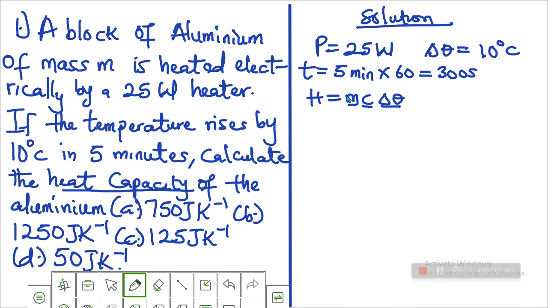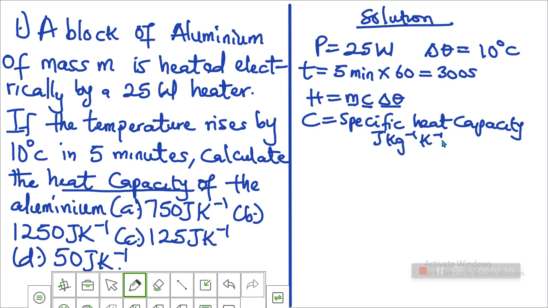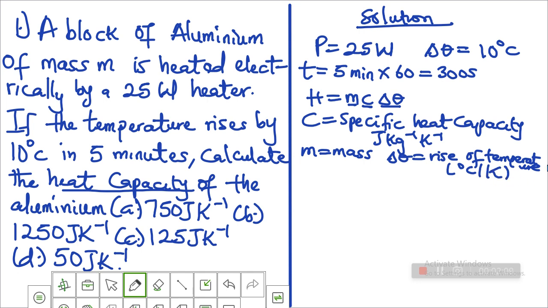This c represents the specific heat capacity, and it is measured in joule per kilogram per Kelvin. m is the mass, and delta theta is the rise in temperature, which can be measured in Kelvin or degrees C. Mind you, you don't need to convert to Kelvin.